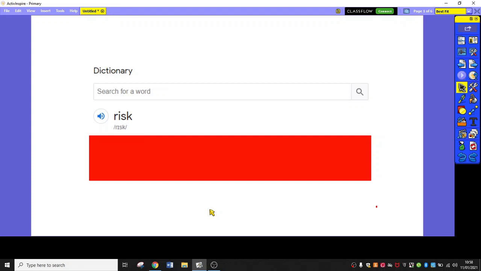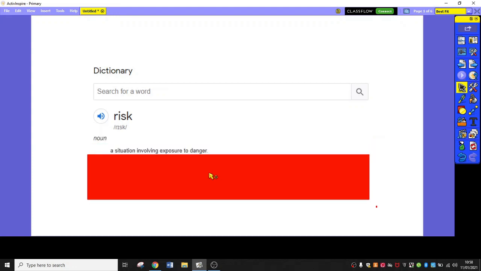Today we're looking more specifically at risk, what a risk is, and how and where risks turn up in different scenarios. So first of all, in order to tell whether there is a risk in a situation, we need to know the definition of risk.